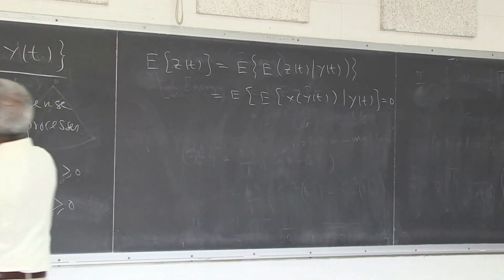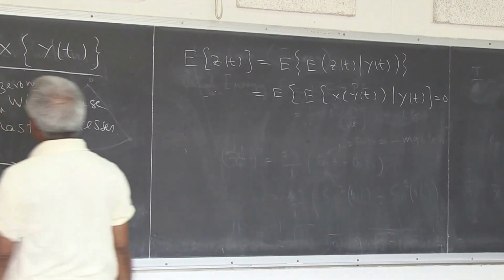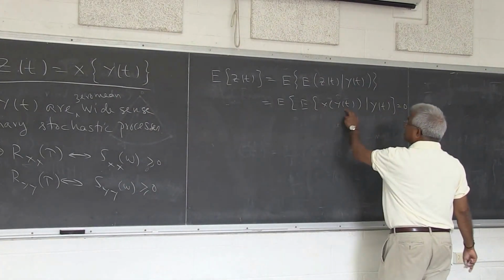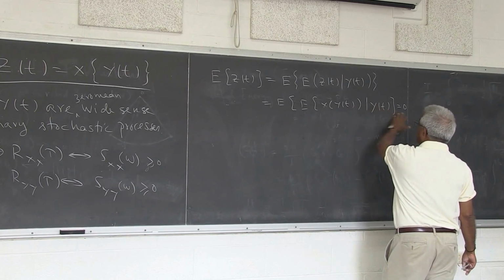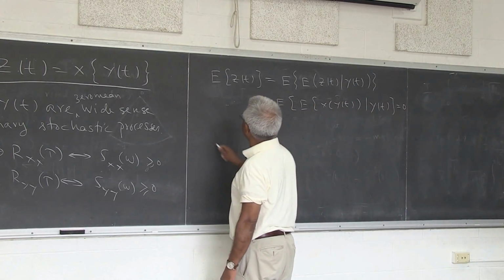Let's say these are zero mean. Since x of t and y of t are both zero mean, once you condition, the expected value of this is going to be zero, and so the mean of z of t is 0.